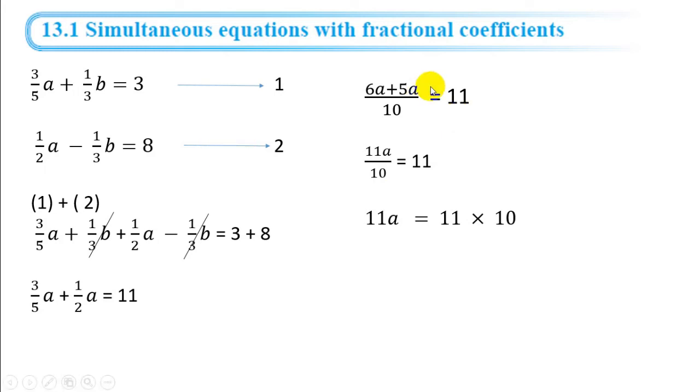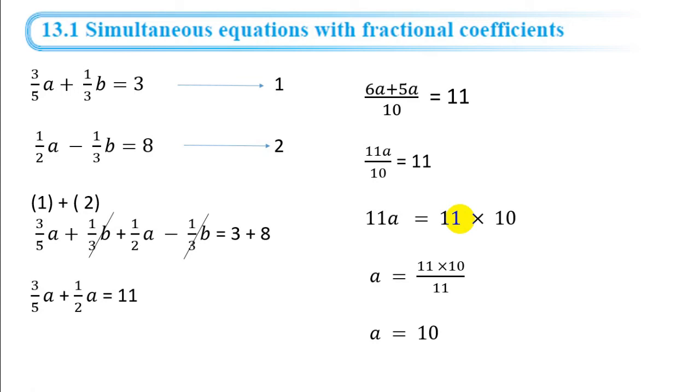When you are doing simultaneous equation questions, check whether any numbers can be simplified, in other words divided. If so, divide and continue finding the answer rather than multiplying the numbers. Now you can see 11 and 11 can be cancelled. So the value of a equals 10.